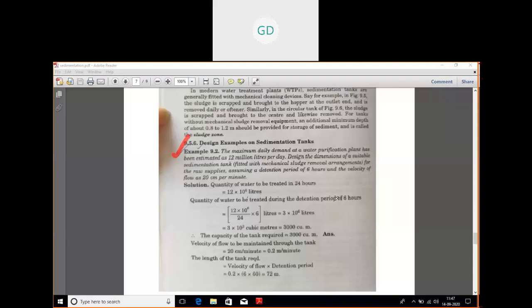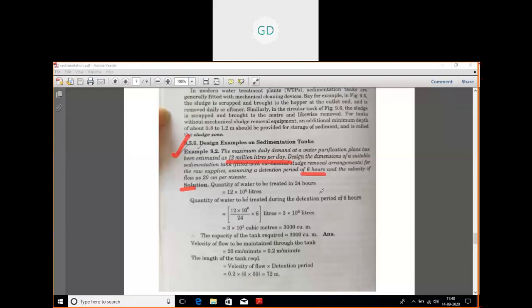So let's see how we can start our problem. It is given that a detention period of 6 hours is given, and we have the daily demand of 12 million liters per day. So now we can find out the capacity easily. Quantity of water to be treated in 24 hours.